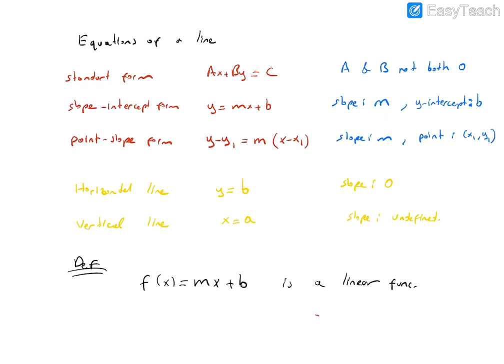Here m and b belong to the real numbers, with m different than 0. If m is 0, f of x equals b is a constant function. Again, we have a line. The graph of f of x equals b is a line. There is no problem: y equals b is a horizontal line. But this is not a linear function. It is a constant function.